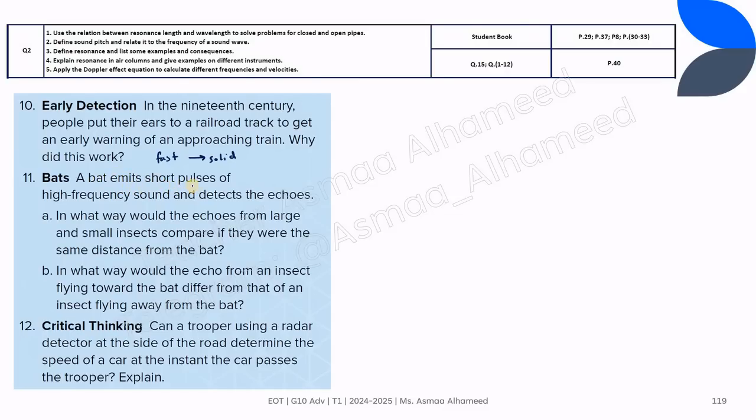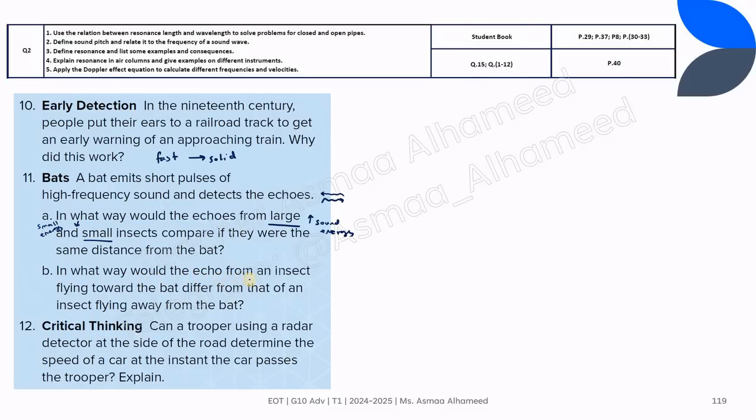A bat emits short pulses of high frequency sound and detects the echoes. So sound will go in one direction and then comes back. In what way would the echoes from large and small insects compare if they were the same distance from the bat? So large insects will reflect high sound energy and small insects will reflect small energy or low energy.